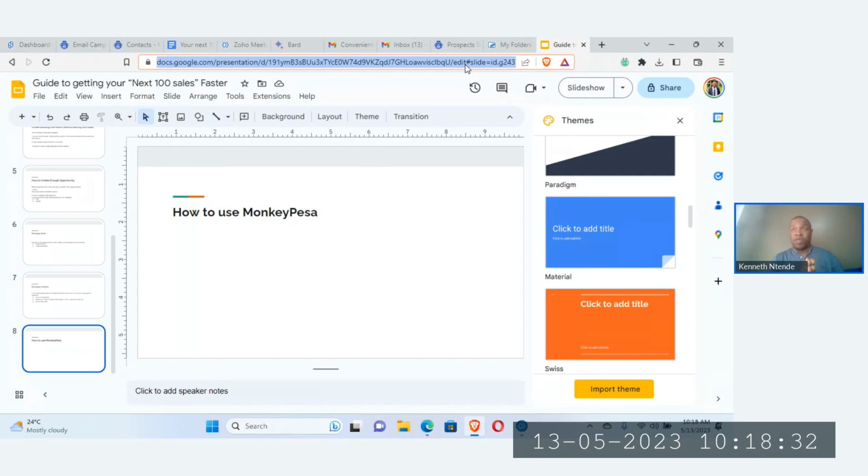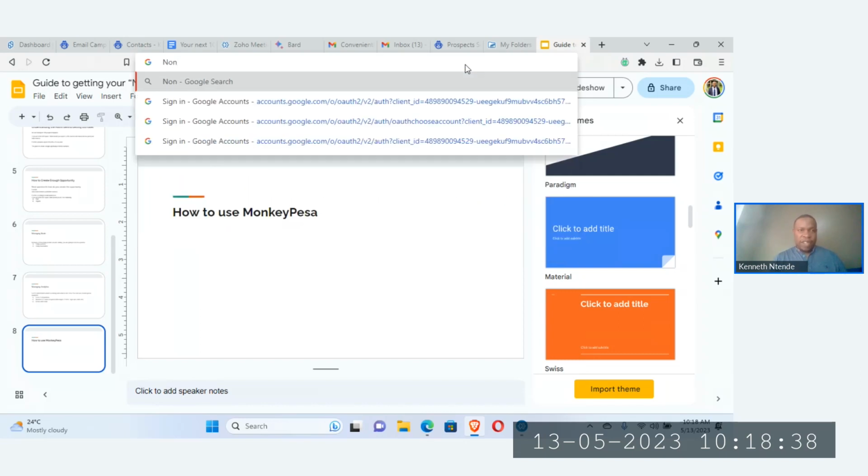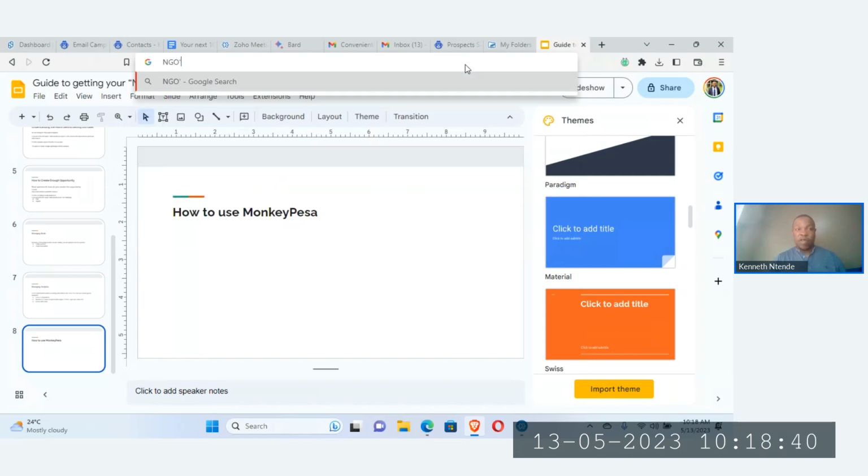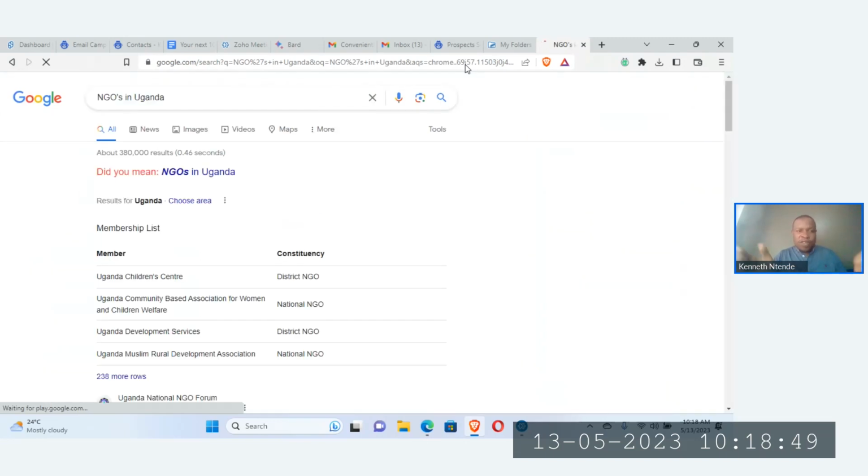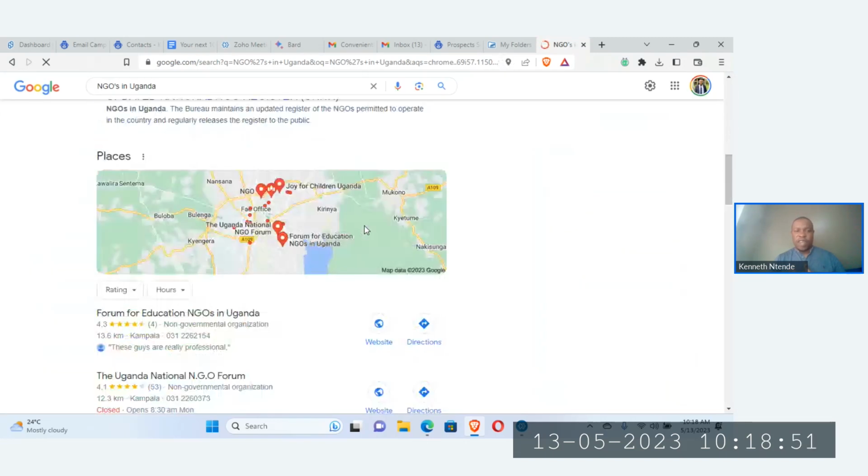Now the first place you can go to is, say hypothetically you're selling to NGOs. So I can just say, for example, NGOs, this is on Google, in say for example Uganda. This is option number one.